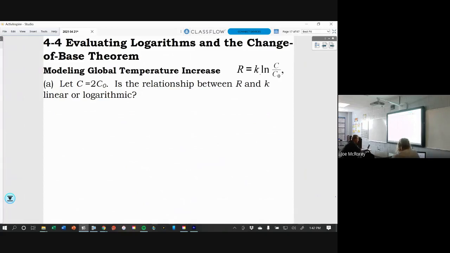All it asks is, is the relationship between R and K linear or logarithmic? So I'm going to write that equation. In place of C, I'm going to put this.